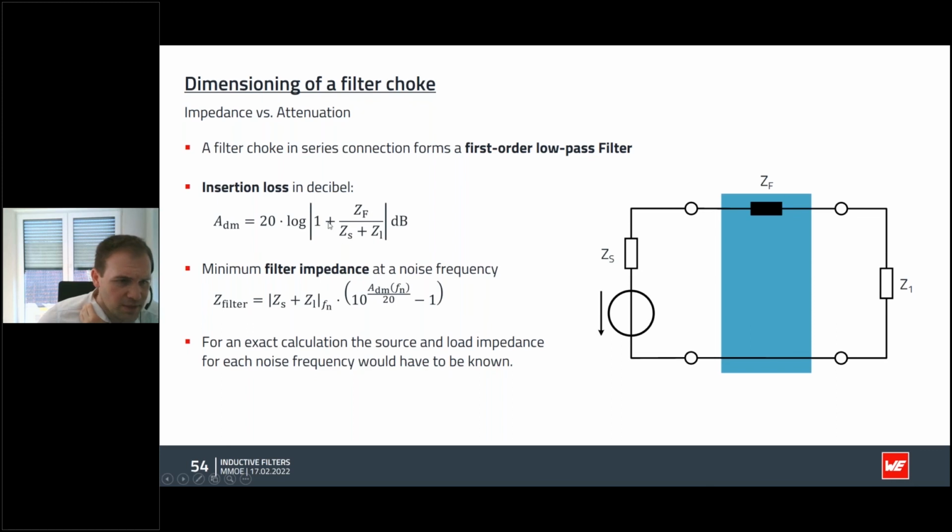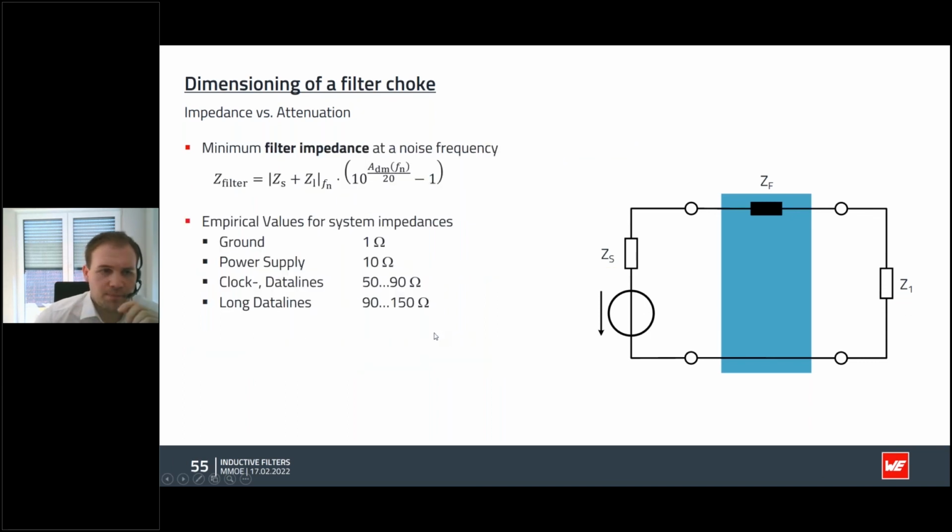However, to get the ratio of this filter impedance to the system impedance, we will need to know the system impedance. And because this is very hard to measure, we have at least some values that we found from experience, and that is for a power supply we have a system impedance of 10 ohm, and for clock or data lines we have an impedance of 50 ohms and up.